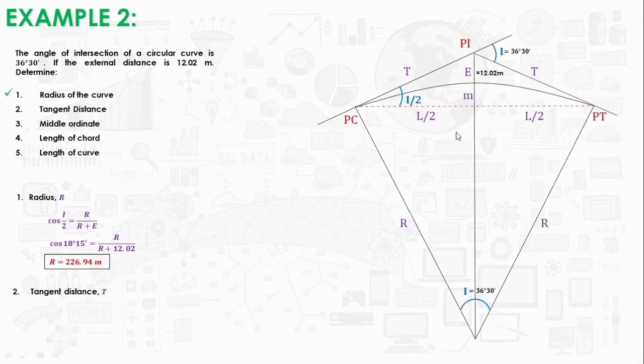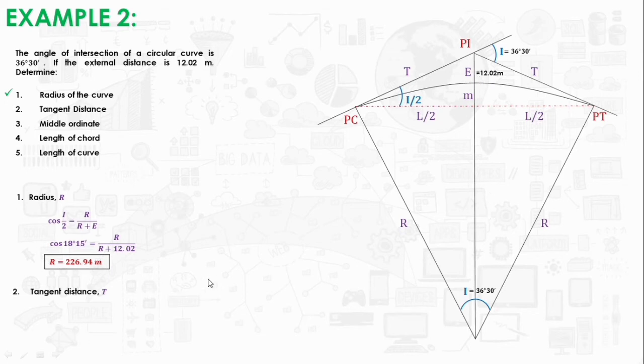We can use the tangent function, since it is opposite divided by adjacent, and the adjacent R is known, which is 226.94. We can also use the sine function, since the opposite is unknown and R is given, so we can get the hypotenuse, which is simply R plus the external distance.